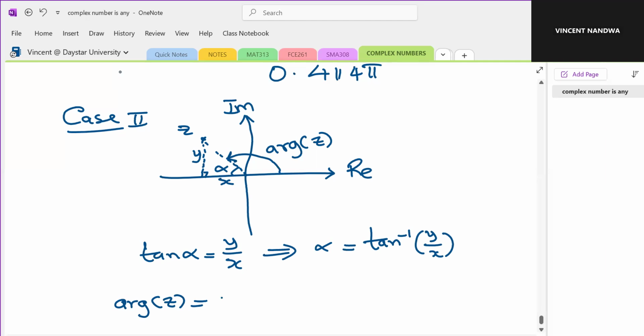So it will be 180 degrees minus alpha, or you say pi minus alpha.